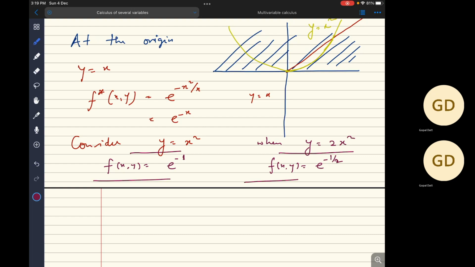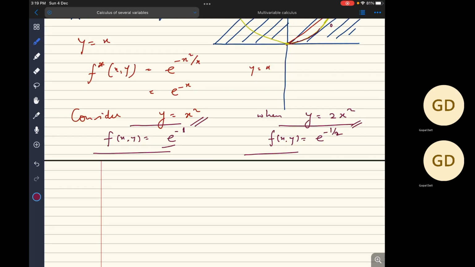And when these points go to the origin along these curves, we will get different values. In case of this curve, the limiting value would be e to the minus 1. In case of this curve, the limiting value will be e to the minus half. We are getting different limits.